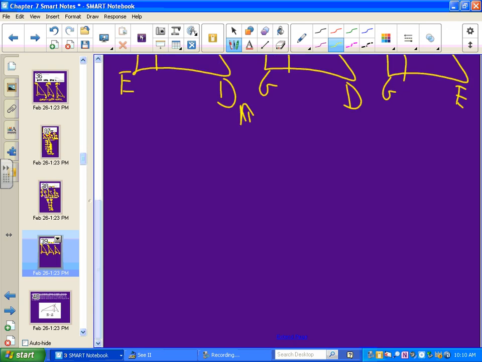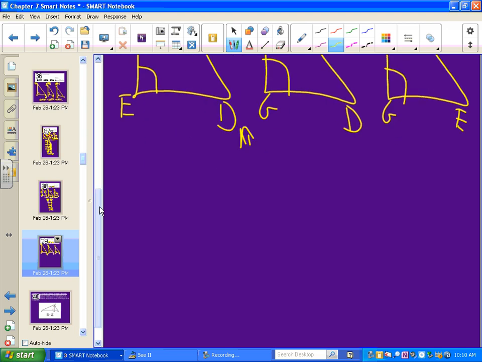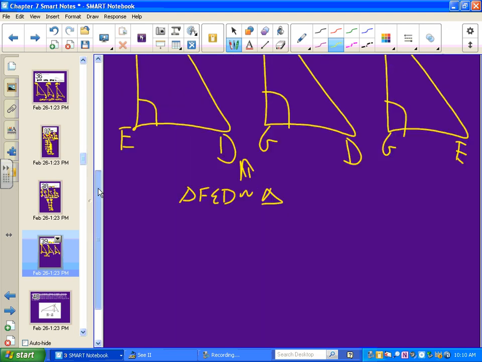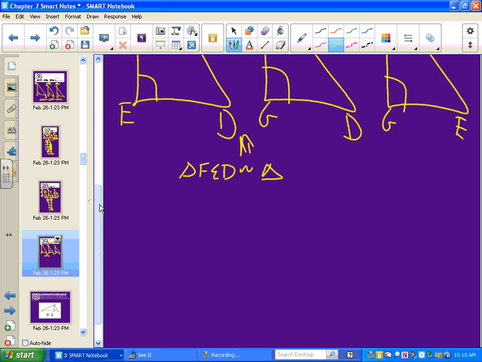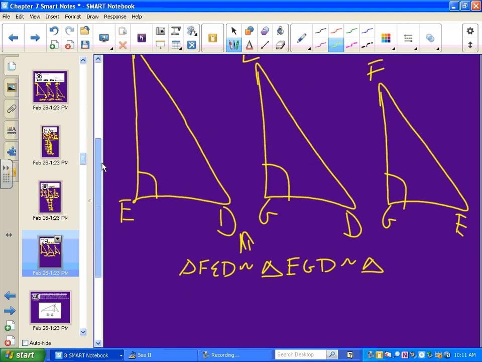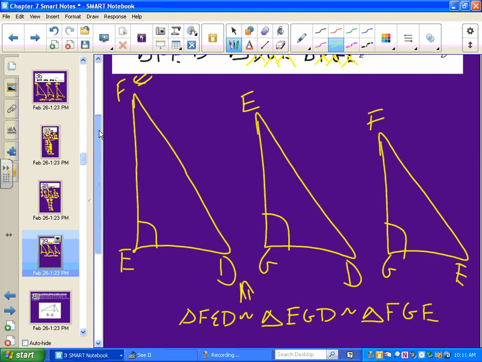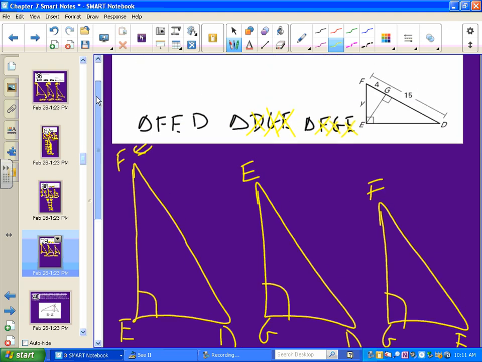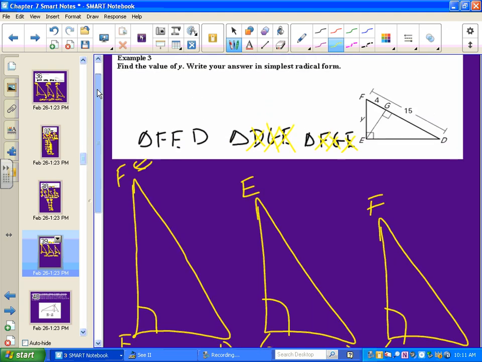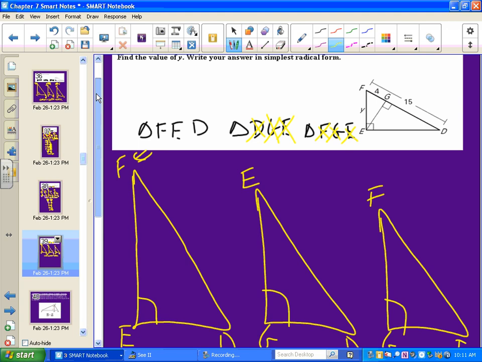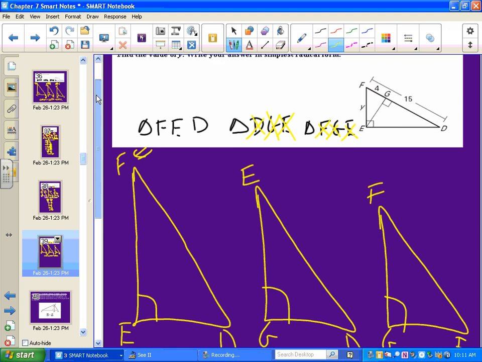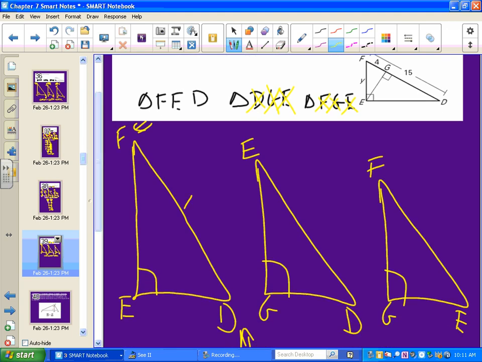So looking at the similar triangles, we have triangle FED is similar to triangle EGD, similar to triangle FGE. Okay, from here, filling in what we know. We know that FD is 15.